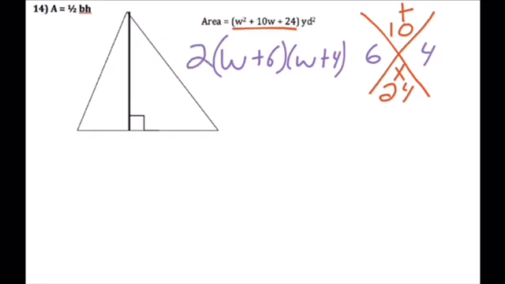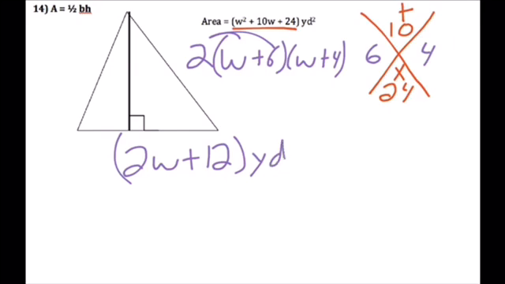So we have two possible answers here. We can distribute the 2 through the first one and get 2W plus 12, and that would be our yards, which means our other one would be W plus 4 yards. So that's one possible answer for our base and our height.